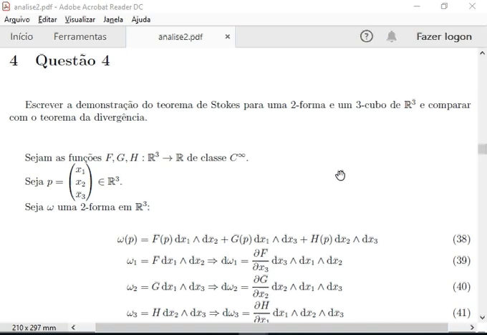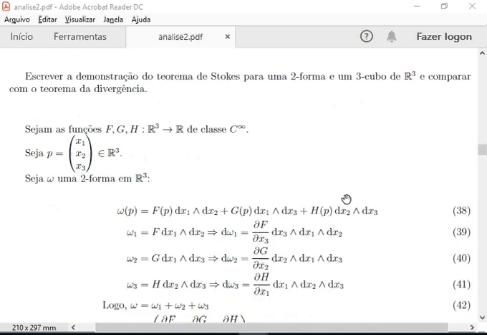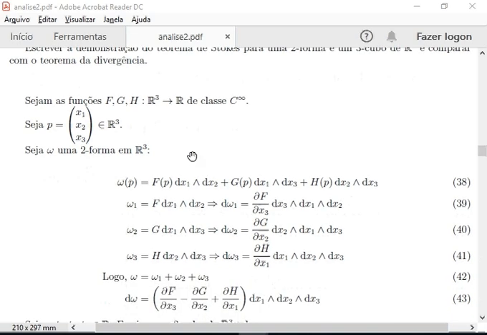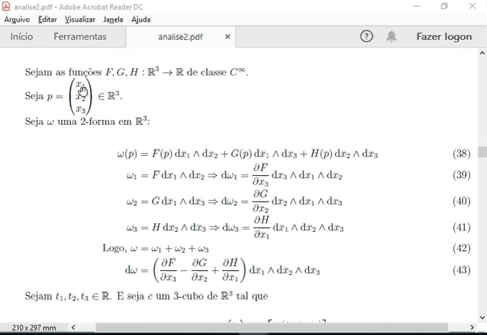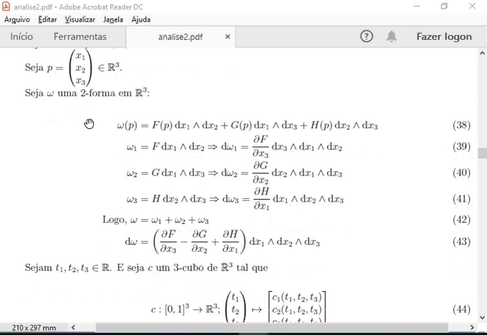To perfect it, let the functions f, g, h from R^3 to R be C infinity. Let P be the point (x1, x2, x3) in R^3. Let omega be a 2-form in R^3.